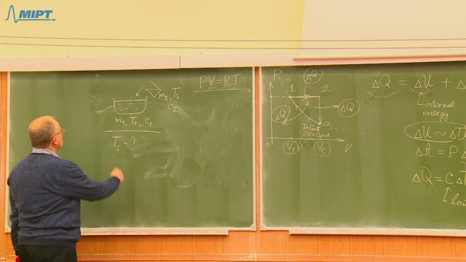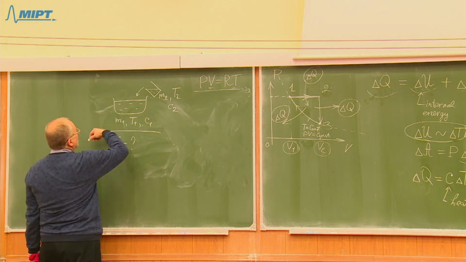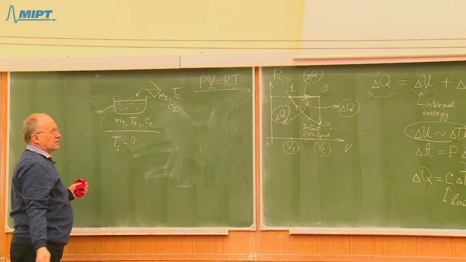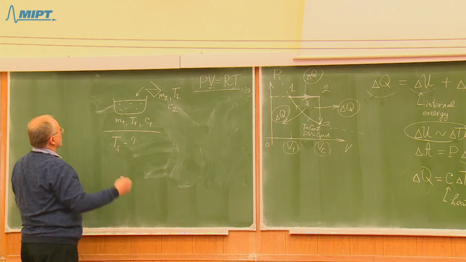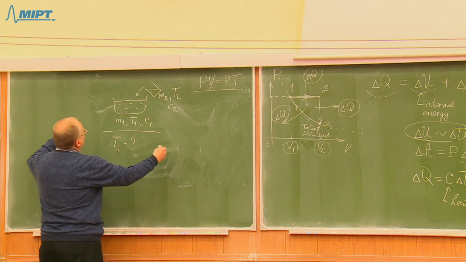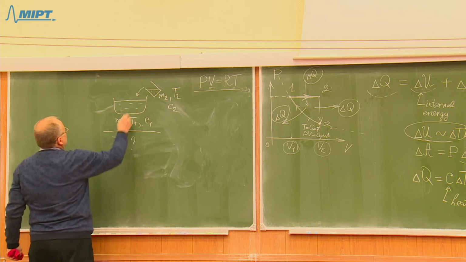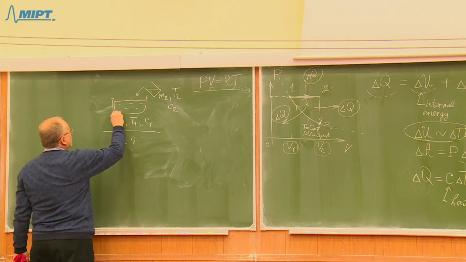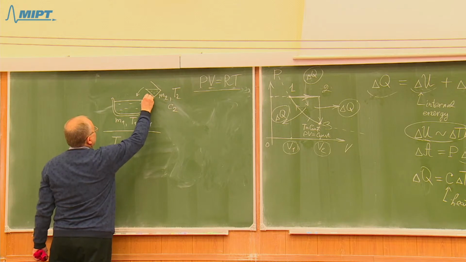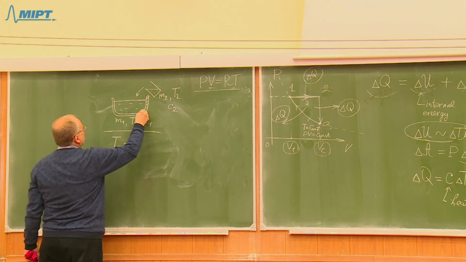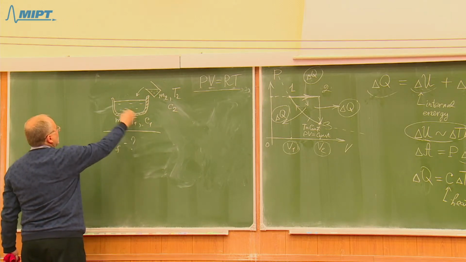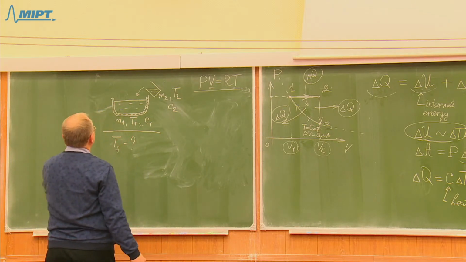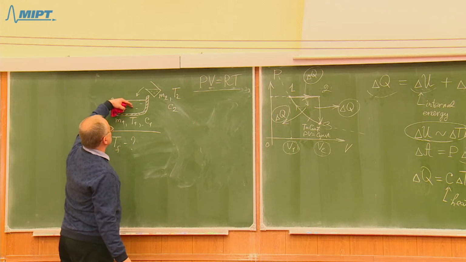Certainly, we assume that there is no heat exchange between these two liquids and the outside bodies. It means that the walls of this vessel are thick and heat insulating. No heat exchange with the external bodies, and also no heat exchange through this surface.